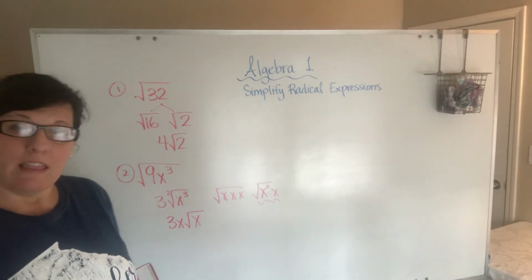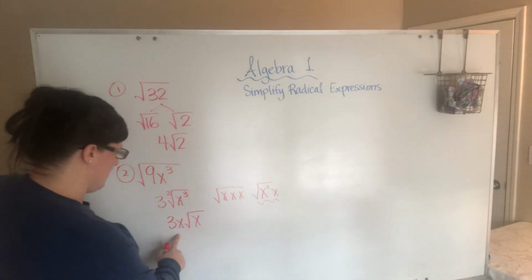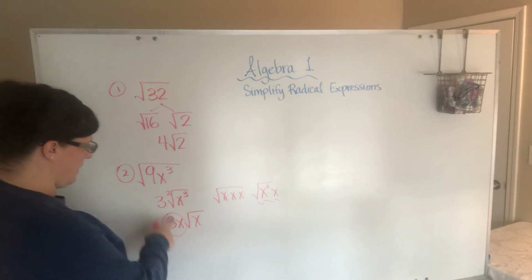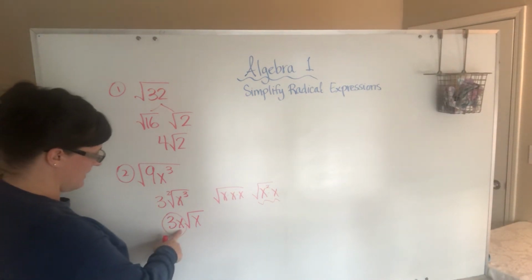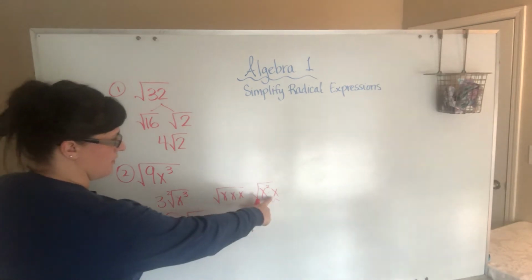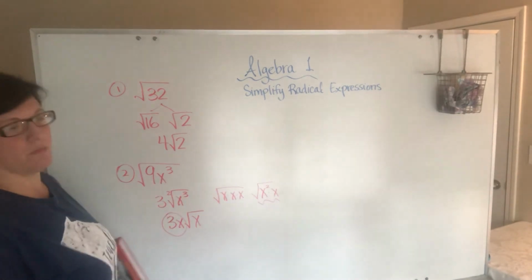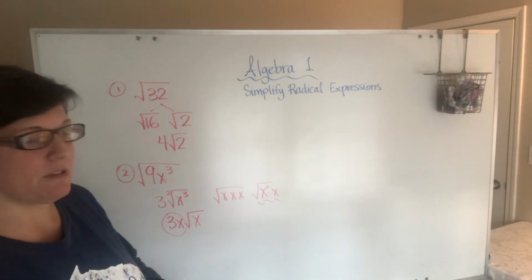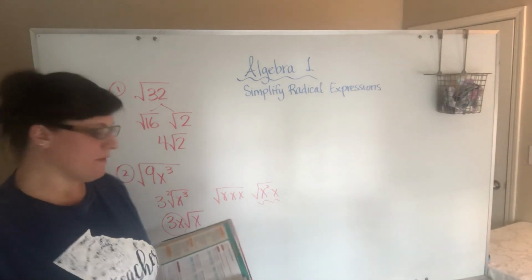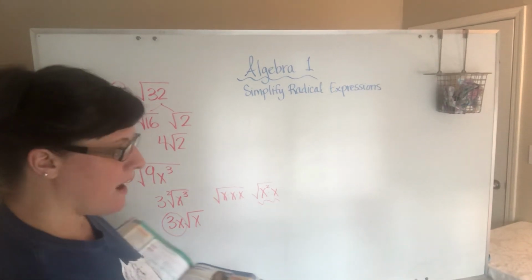How do I know if I did that right? Well, you can take this term right here and square it. What's 3 squared? 9. What's x squared times x? It's right here. X cubed. Okay, so you know you've done that properly. That should be pretty familiar. We've kind of covered things with radicals before.